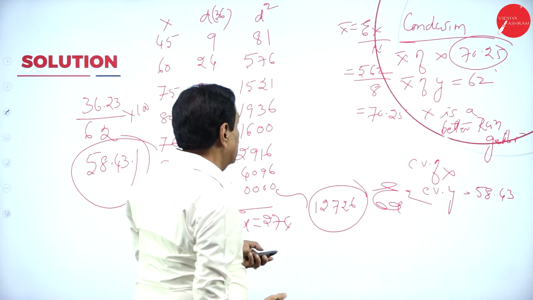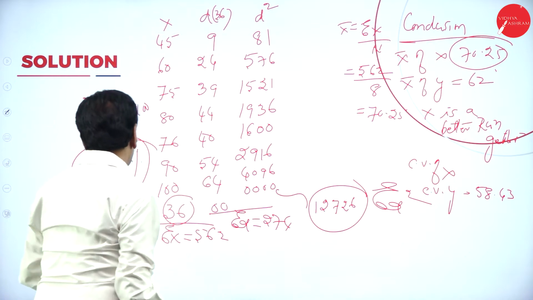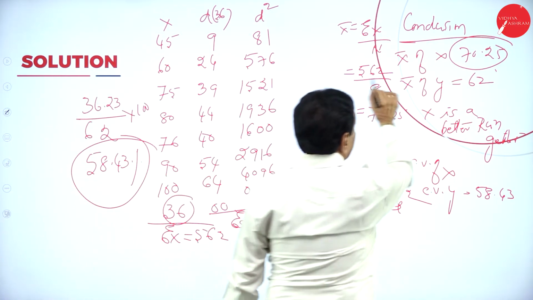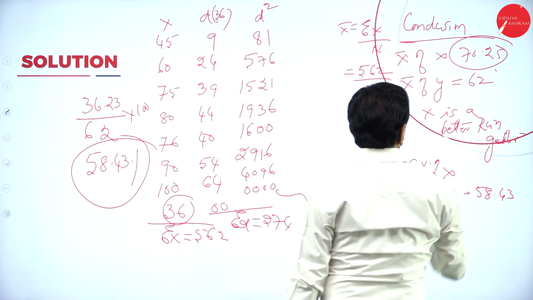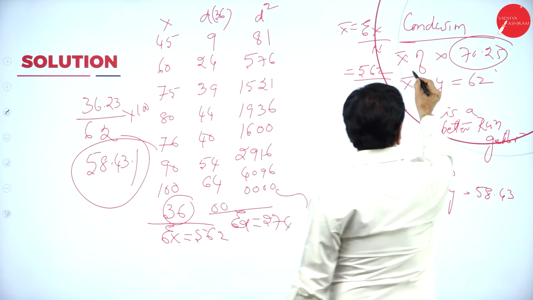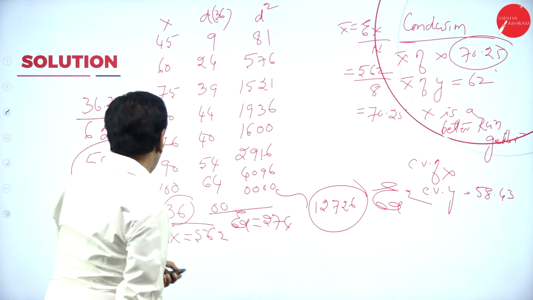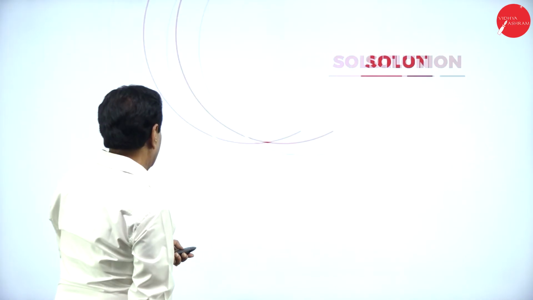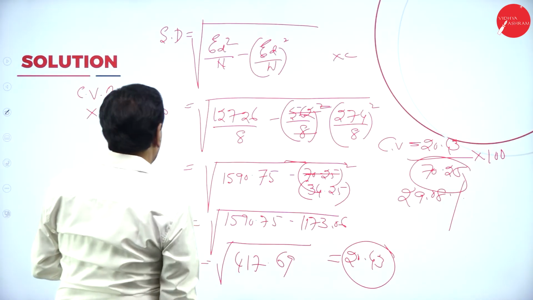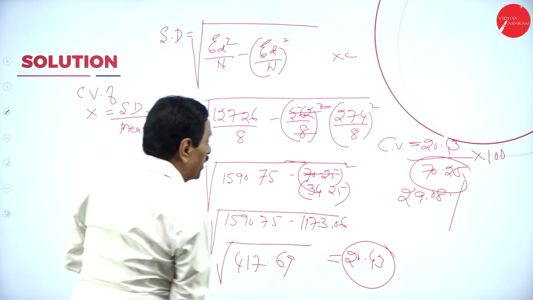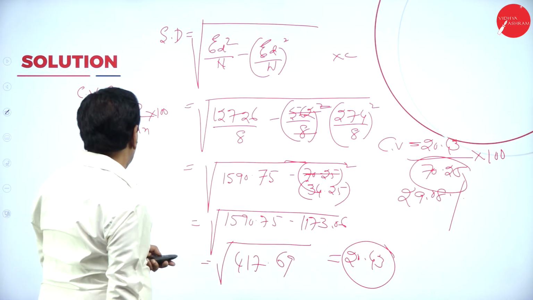Regarding X, the X mean is 70.25. The standard deviation of X, from sigma d square, comes to 29.08.